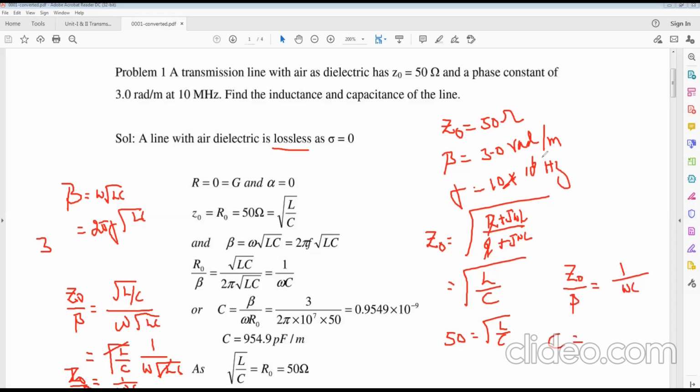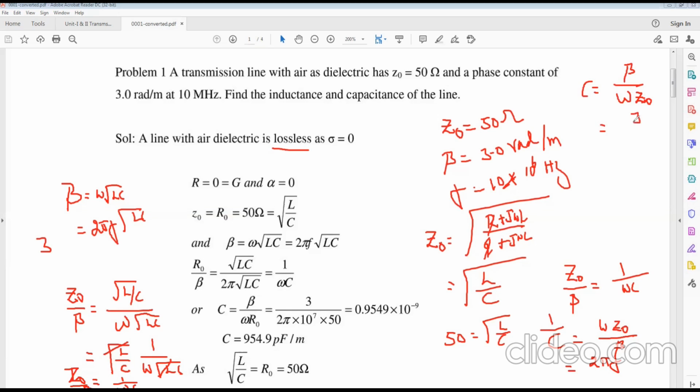We need to find C. What is C equal to now? Omega into Z naught by beta. Omega is equal to 2 pi F. Sorry, 1 by C is equal to omega Z naught by beta, and C is equal to beta by omega Z naught, and they are showing here Z naught only.